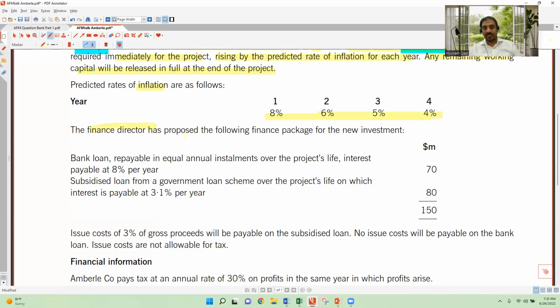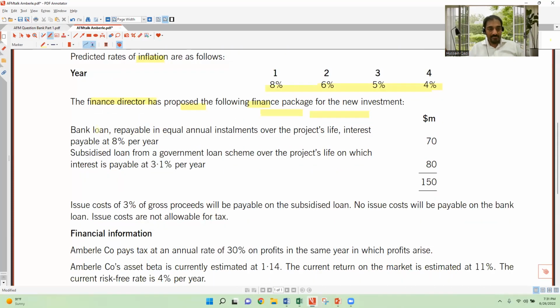The finance director has proposed the following finance package for the new investment. Bank loan, repayable in equal annual installments. If the examiner mentions equal annual installments, that is very important.